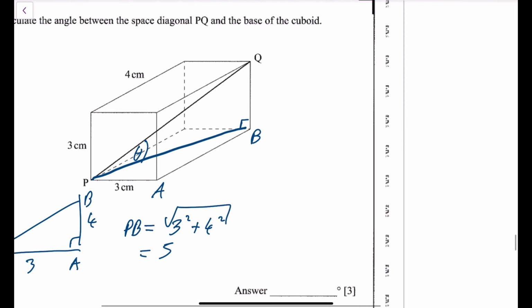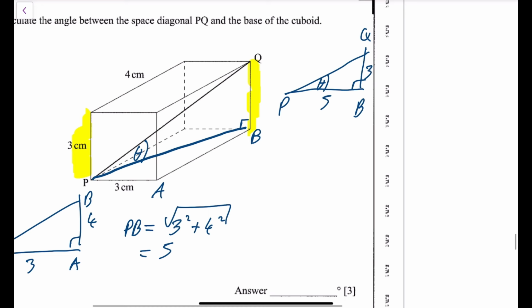And then if we look at this other triangle, if I do my triangle from P to B up to Q, there's a right angle. We now know P to B is 5. That's my angle I want to find. What else do we know? Oh, we know the height. The height of this bit is 3, so this vertical height is also going to be 3 as well.